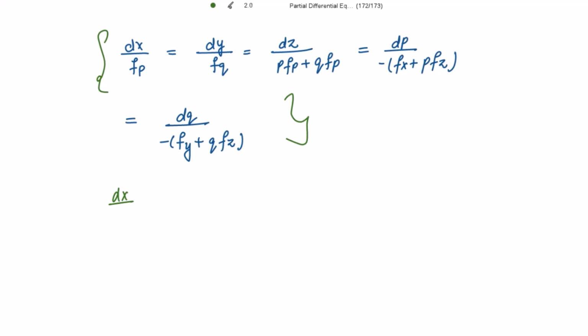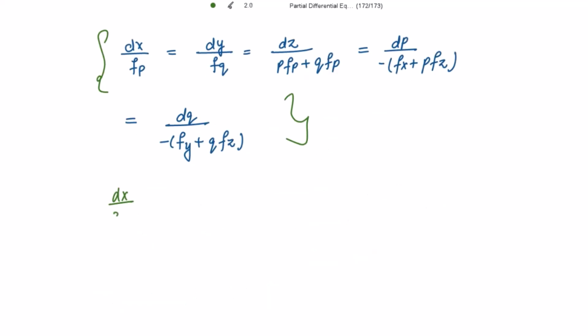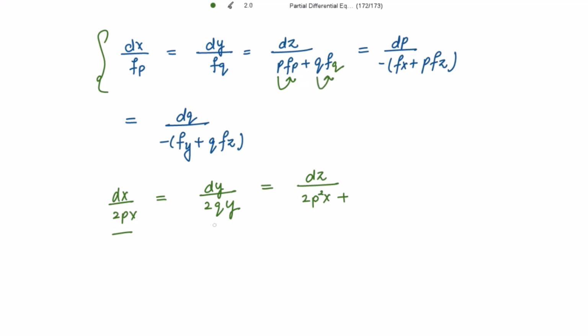So dx divided by fp, what is fp? It is 2px, equals dy divided by fq, which is 2qy, equals dz divided by p multiplied with fp, this is fp, so this is 2p square x, plus q multiplied with fq, this is fq, so this is 2q square y, and is equal to dp divided by negative of fx.